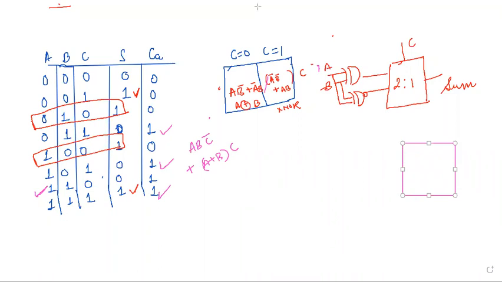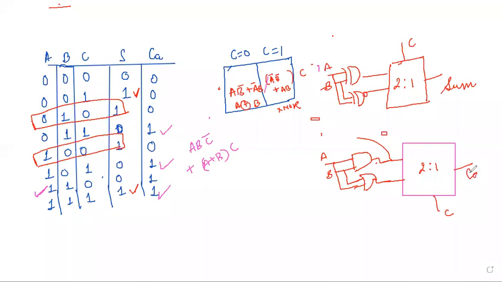This is my 2:1 multiplexer. One input corresponding to C bar is coming from the AND gate, so this is A, this is B, and the other is going to be from an OR gate, A or B. This is the 2:1 mux. Select line is going to be C, and this is going to be my carry.